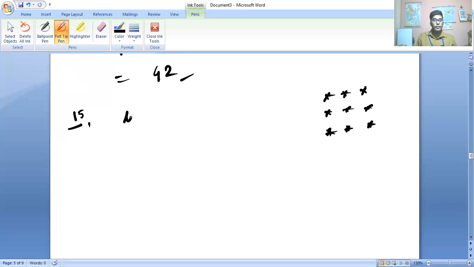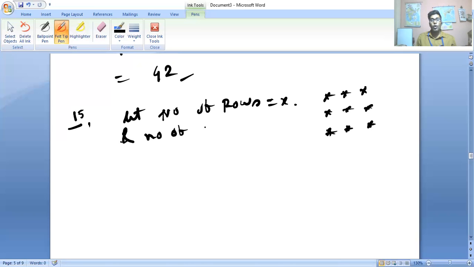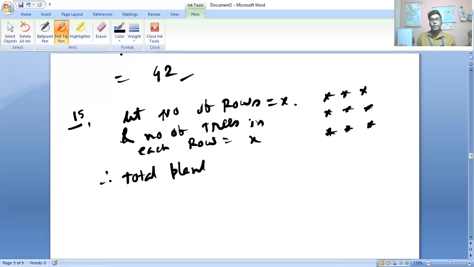So let the number of rows be equal to x, and the number of trees in each row will be what? X. So total plants will be what?